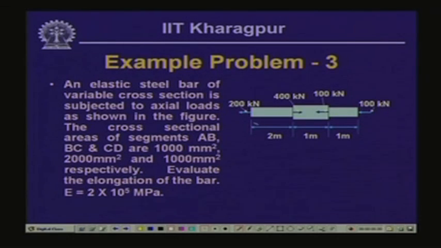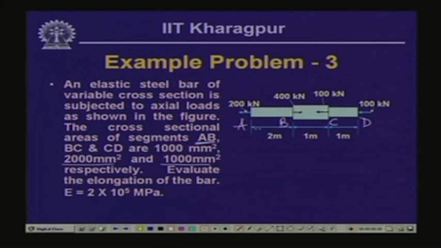Here for this particular stretch of the bar we have one cross sectional area. Let us call these points A, B, C, D. Now, segment AB has an area of 1000 millimeter square, segment BC has 2000 millimeter square, and segment CD is 1000 millimeter square.